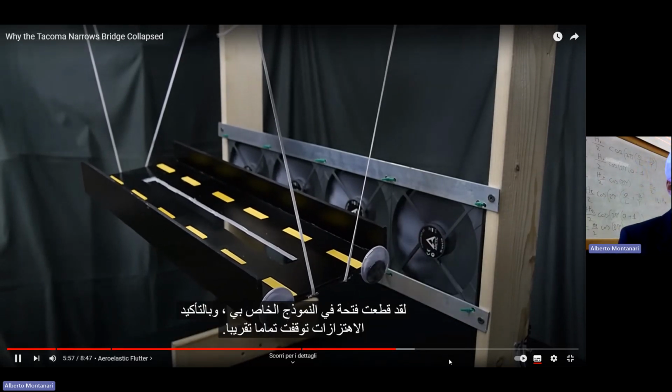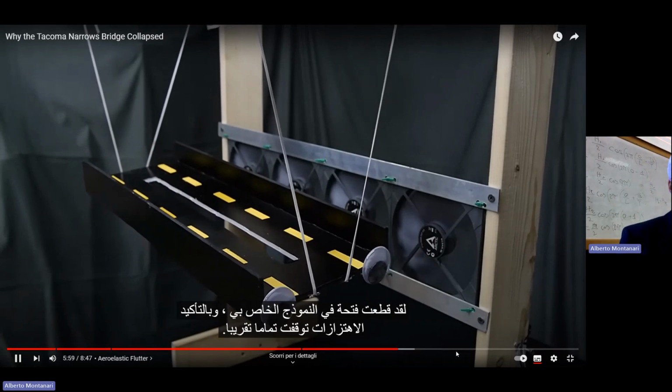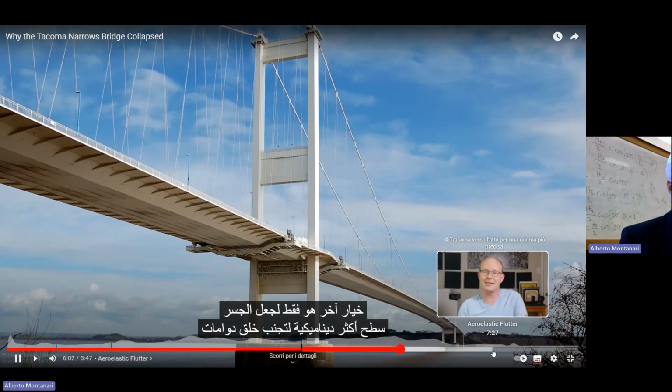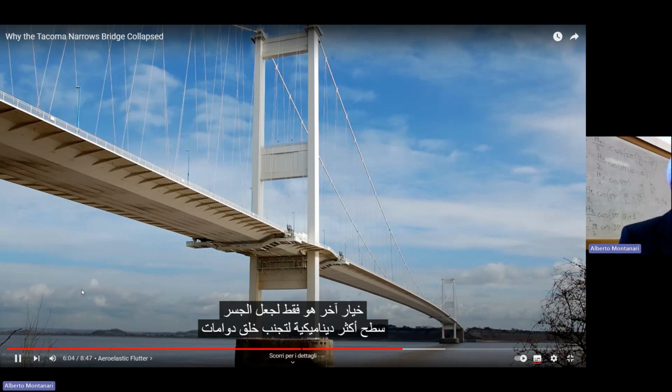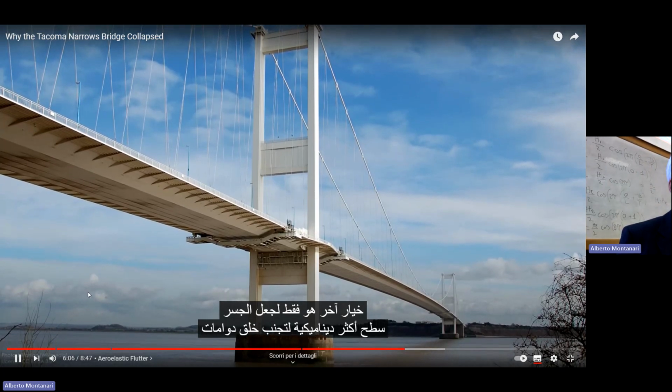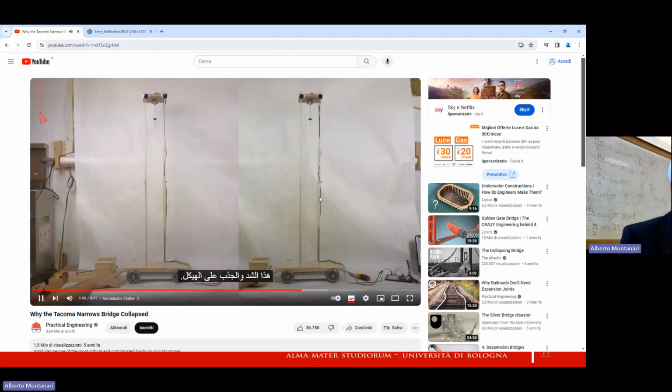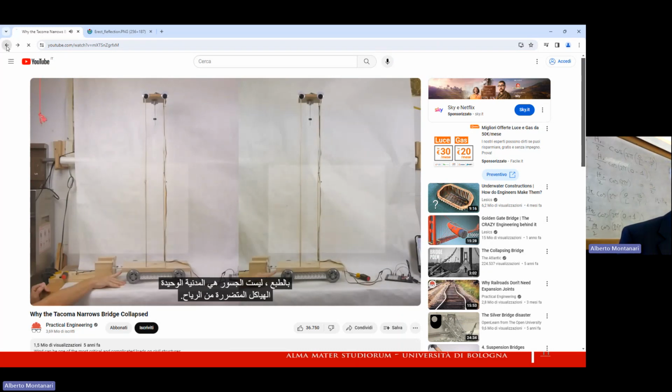I cut a slot in my model, and sure enough, the vibrations almost completely stopped. Another option is just to make the bridge deck more aerodynamic to avoid creating vortices that push and pull on the structure. Of course, bridges aren't the only civil structures.